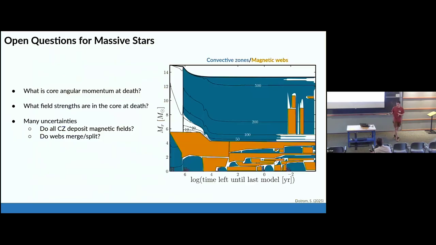So any single massive star evolution should always give you a slowly rotating black hole. If you have a fast spinning black hole, this is probably due to mergers or binary physics or something like that. But it's very hard to have single star evolution produce a fast spinning core.